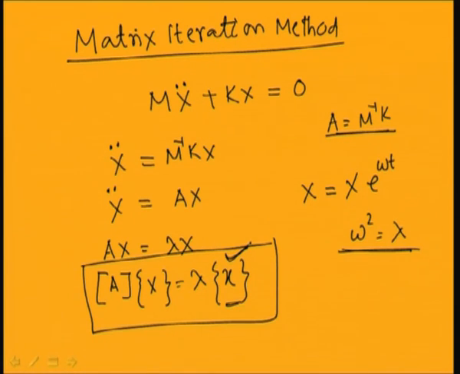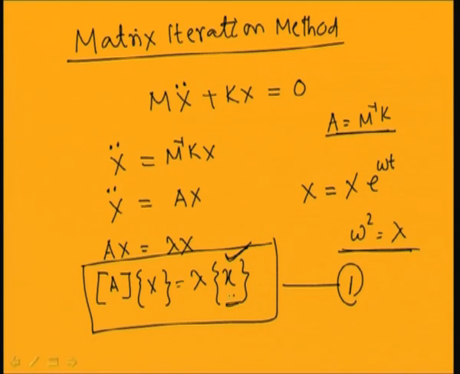The normal mode, when multiplied with the dynamic matrix, will reproduce itself. So, this is the basis of the matrix iteration method.